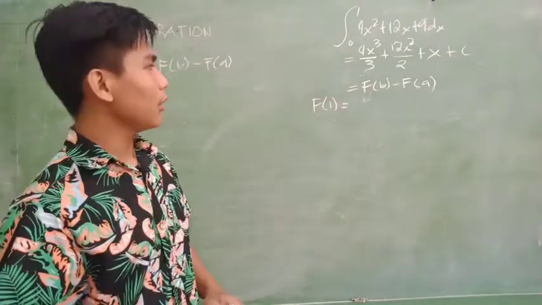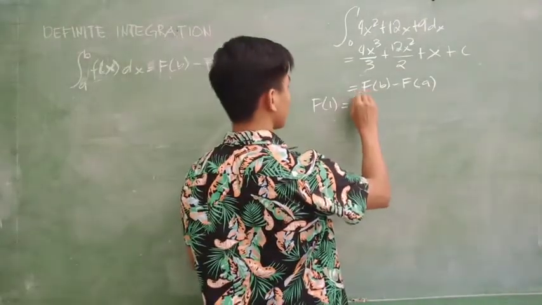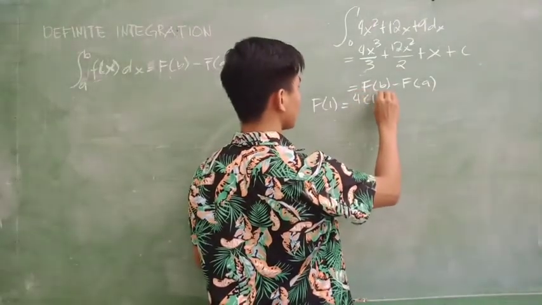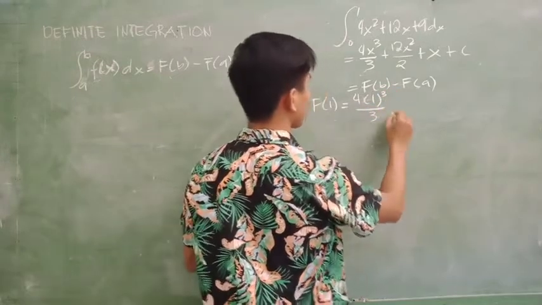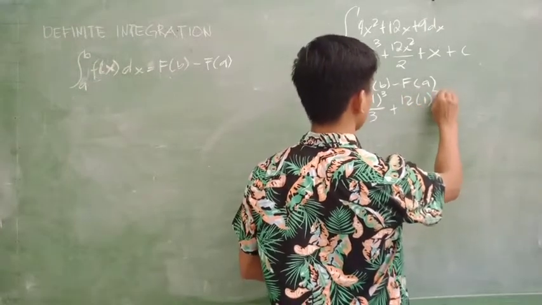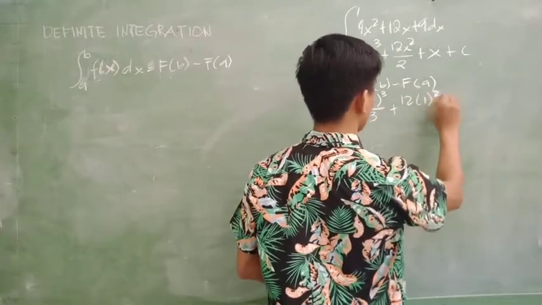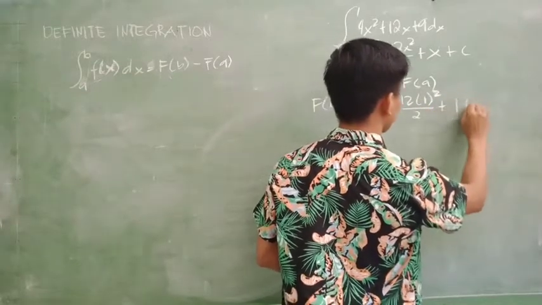Substitute the 1 to the given function, which is 4 times 1 cubed over 3 plus 12 times 1 squared over 2 plus 9 times 1 plus c.